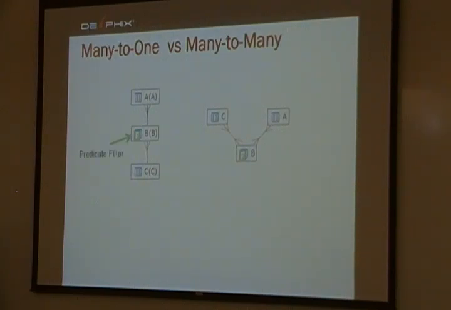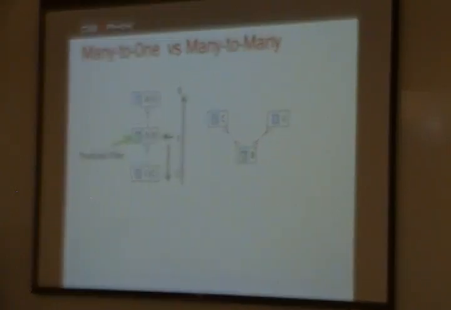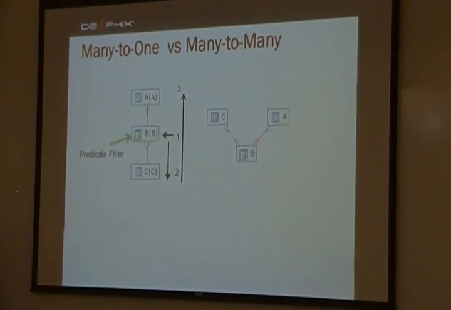On the left-hand side, there's a filter, right? So where do I start my query? Start with the filter. Now where do I go? Down. And then I have no choice, I have to go up. That's the optimal plan. Now the next one, okay, there's a filter on B, but now where do I go? I don't know. Do I go to A or C?